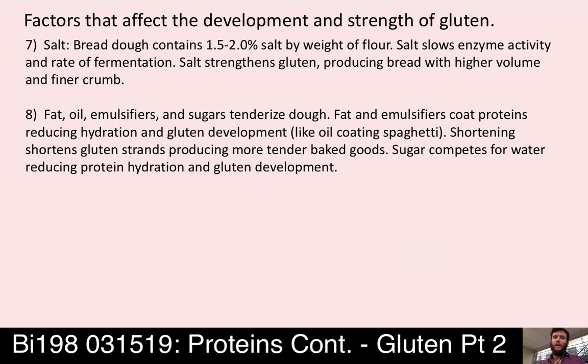So for example, we'll get a chance to talk about FODMAPs, fermentable oligo and disaccharides. I hope we will, I'll try to. These are sugars that often travel with gluten, but which are actually responsible for a lot of the symptoms of bloating and gastric distress that people have.